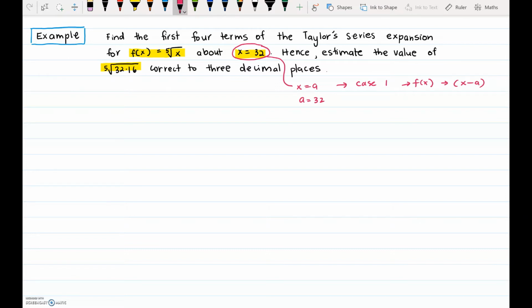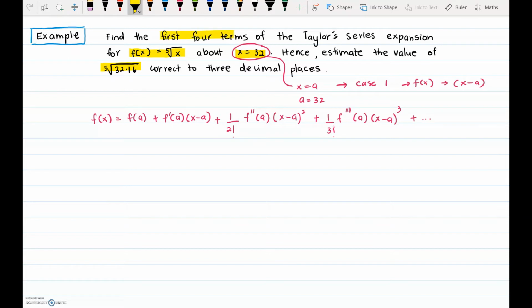Since you want to use the form of x minus a, you will use f(x) equals f(a) plus f prime a times (x minus a) plus 1 over 2 factorial f double prime a times (x minus a) squared plus 1 over 3 factorial f triple prime a times (x minus a) cubed plus dot dot dot. We want to find the first four terms: 1, 2, 3, and 4.